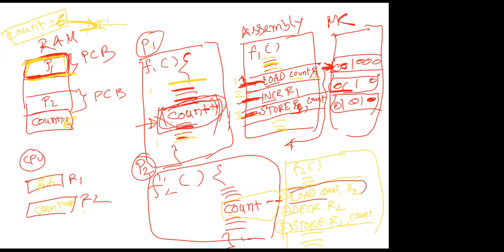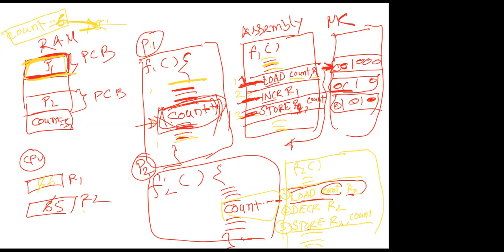Load count to R2: R2 is 6, currently 6 is loaded here. Then decrement R2, and R2 will be 5. And then store R2 to count, which means 5 will be stored here. Okay, 5. It's completely okay.